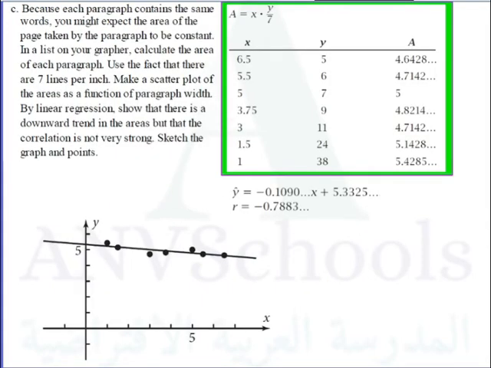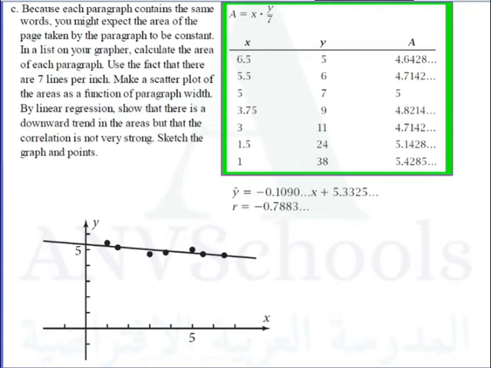Letter C, because each paragraph contains the same words, you might expect the area of the page taken by the paragraph to be constant. In a list on your grapher, calculate the area of each paragraph. Use the fact that there are 7 lines per inch.